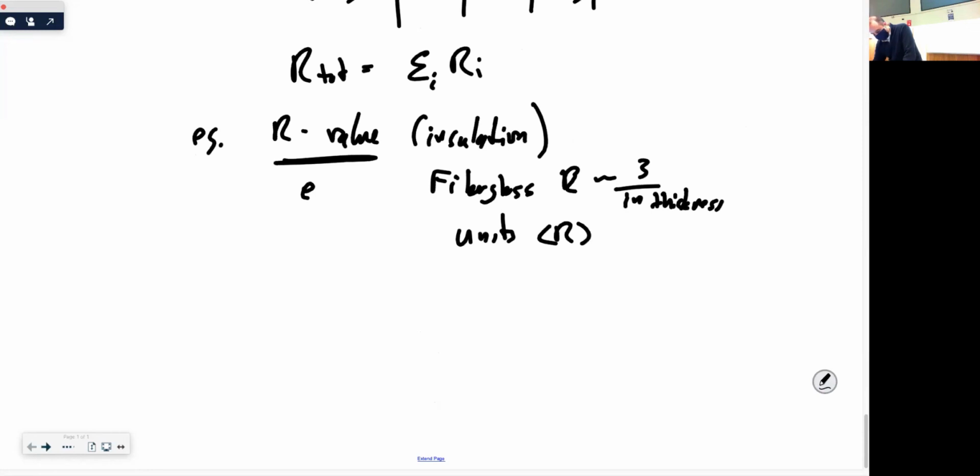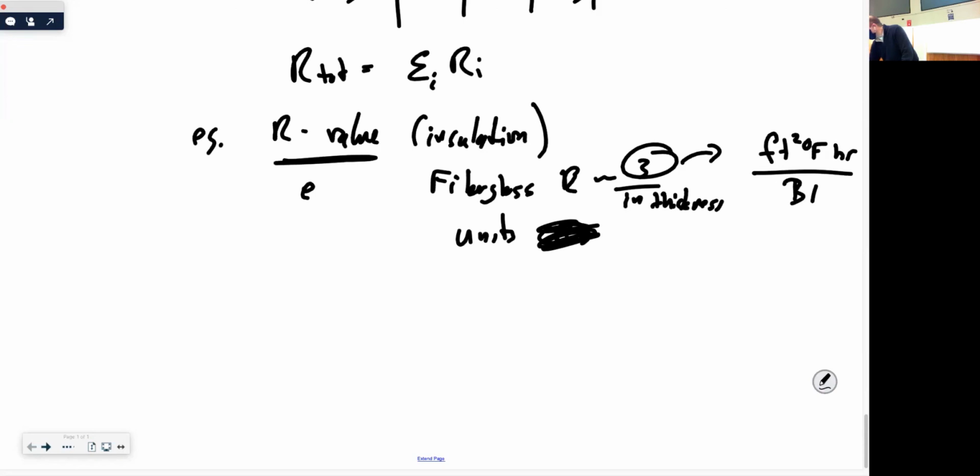This 3 will have units of feet squared, degrees Fahrenheit, hours per BTU, which may be the worst unit in the history of units for a physicist.